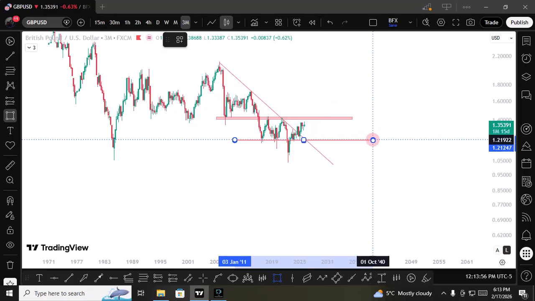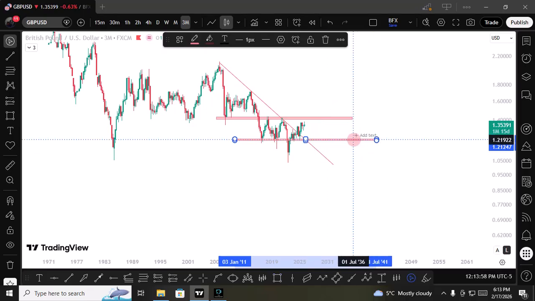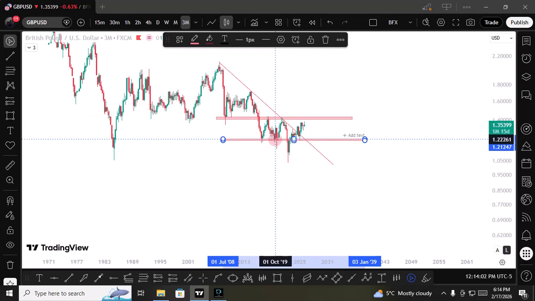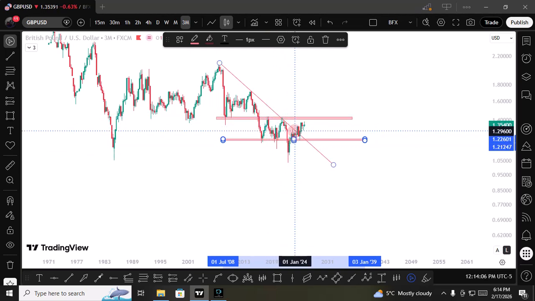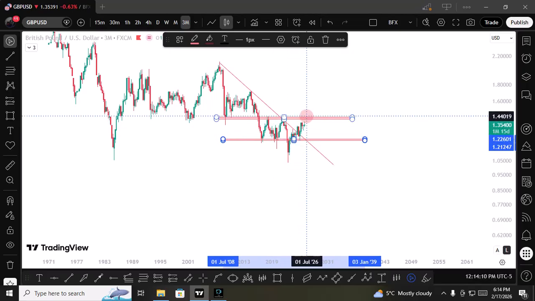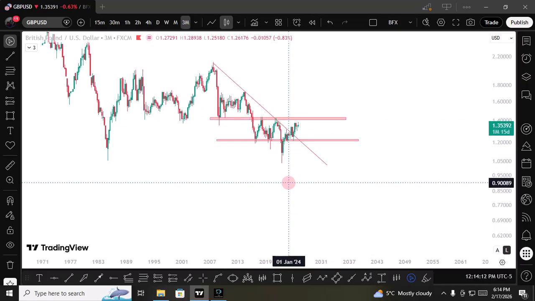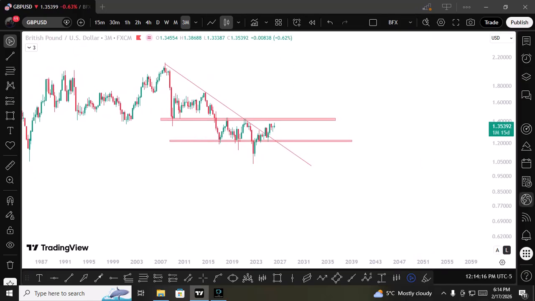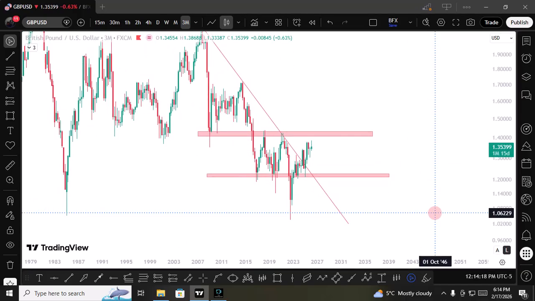This is a fake out on Gbpusd. You can see this price bounce again, move up, broke it, and enter the range back and retest, then is moving up. So you can see what we gather on 3 months time frame.